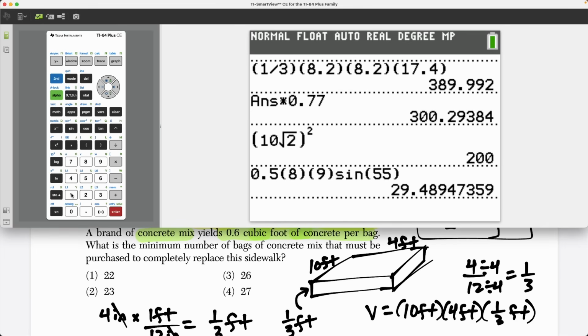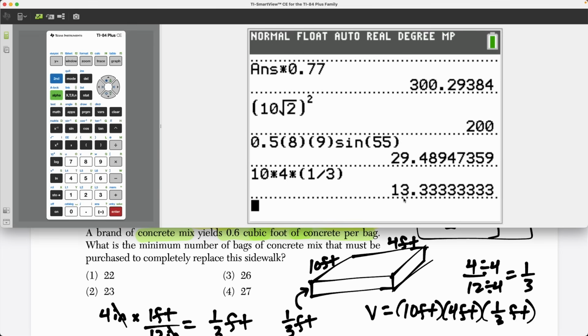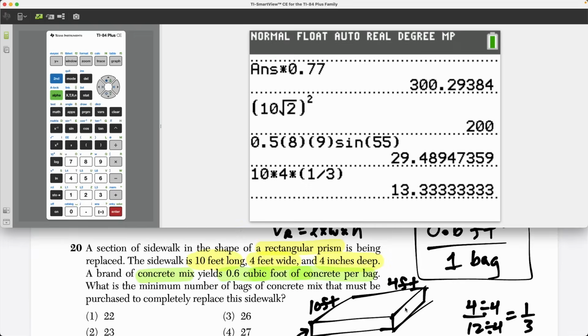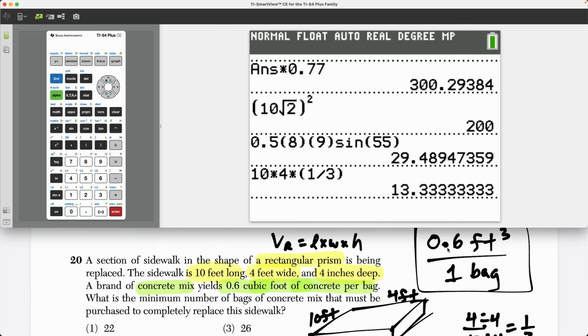So let's work this out. We have 10 times 4 times 1/3, and I'll write 1/3 in parentheses. So we get 13.3 repeating. But from here, we're going to divide by 0.6, because they told us there's 0.6 cubic feet of concrete per bag.